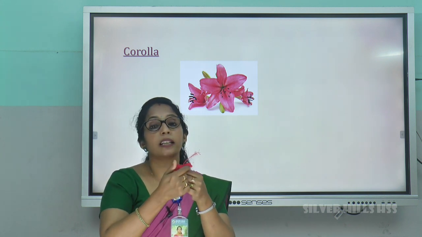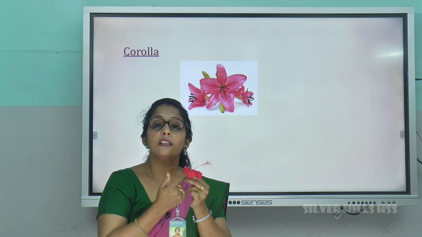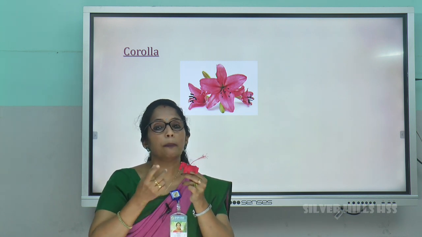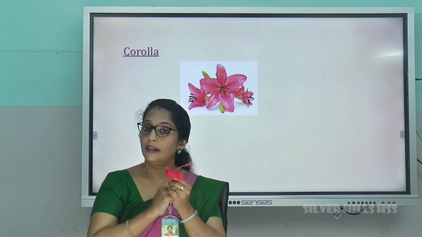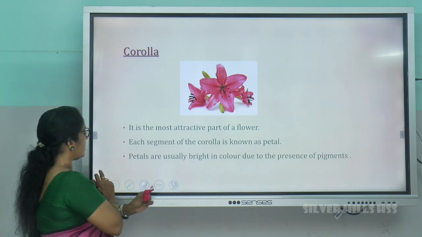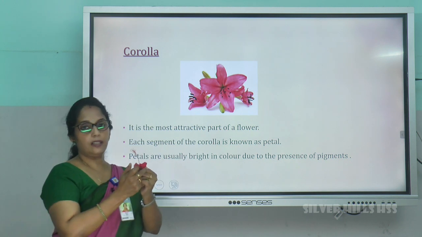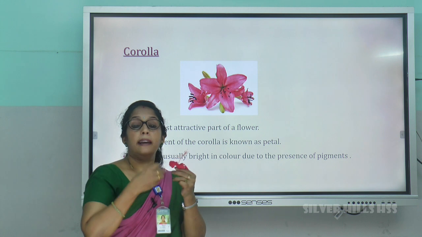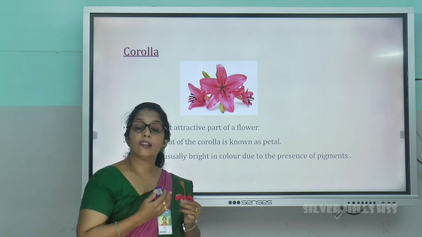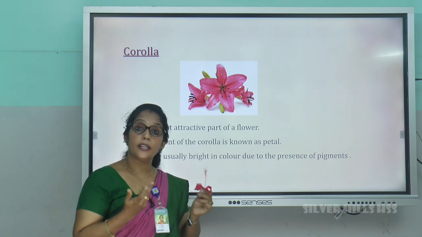What gives brightness to this petal? It is due to the presence of certain pigments such as xanthophyll, anthocyanin, etc. See, all the petals are usually bright in color. This bright color as well as sweet smell, nectar, all these attract the insects for pollination.